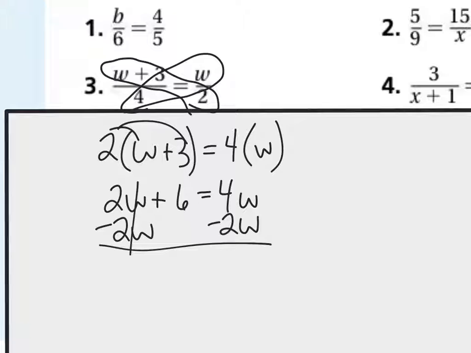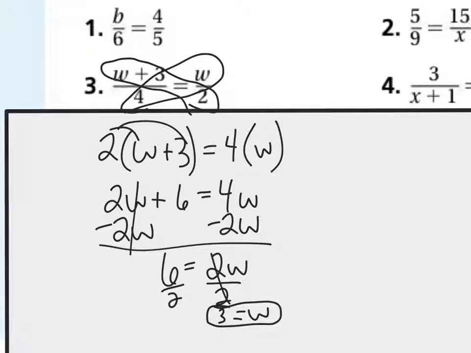So we subtract 2W on both sides. And then they're multiplying by 2, so we can divide by 2. So the answer would be 3. W equals 3. And again, we can substitute that in and figure out that that works.